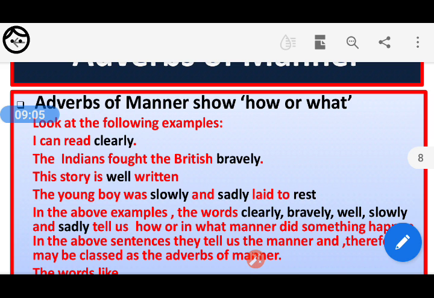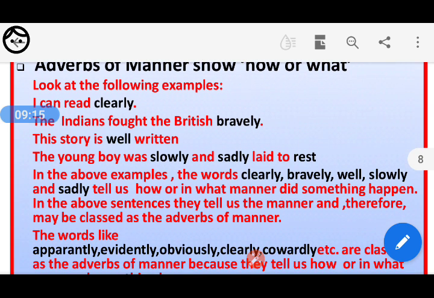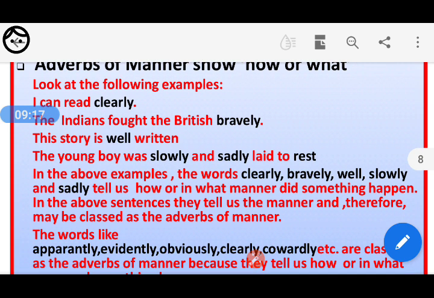Now see, in the above examples, the words clearly, bravely, well, slowly, and sadly tell us how or in what manner something happened. In the above sentences, they tell us the manner and therefore may be classed as the adverbs of manner.